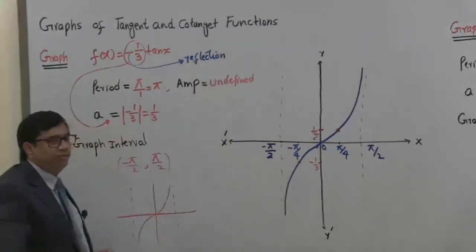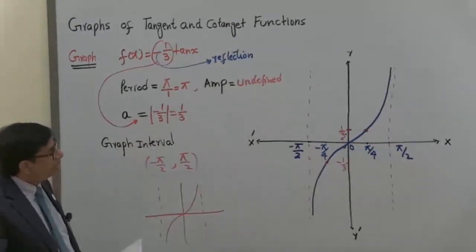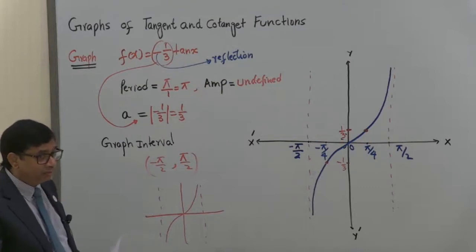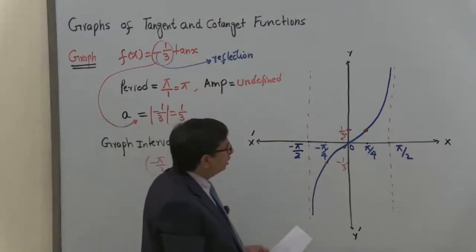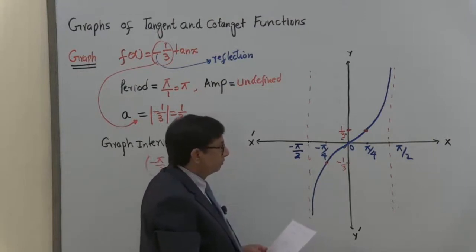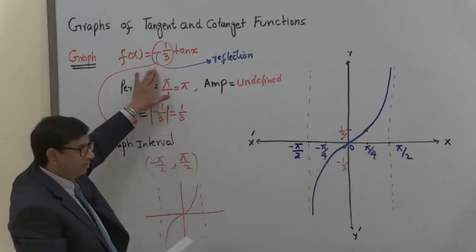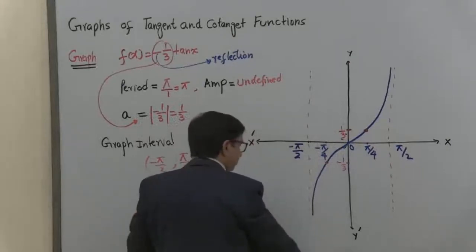Okay, this is a reflection of this graph. How to make this reflection? Okay, so show its reflection of this graph. Yeah, we switch it. Okay, so you can graph over there from this.